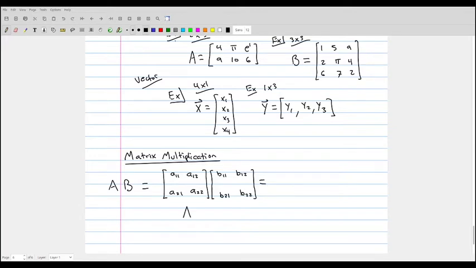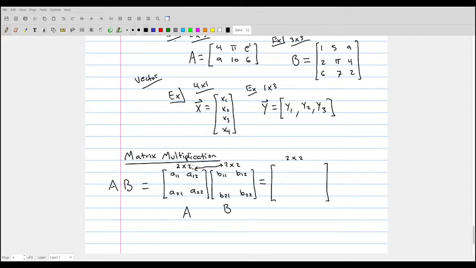We say that the multiplication between the matrices A and B is computed in the following manner. First off, the matrix multiplication of a 2 by 2 matrix with a 2 by 2 matrix will always result in another 2 by 2 matrix. And this is actually a general property: you can do this matrix multiplication, but the number of columns in the first matrix has to match up with the number of rows in the second matrix.